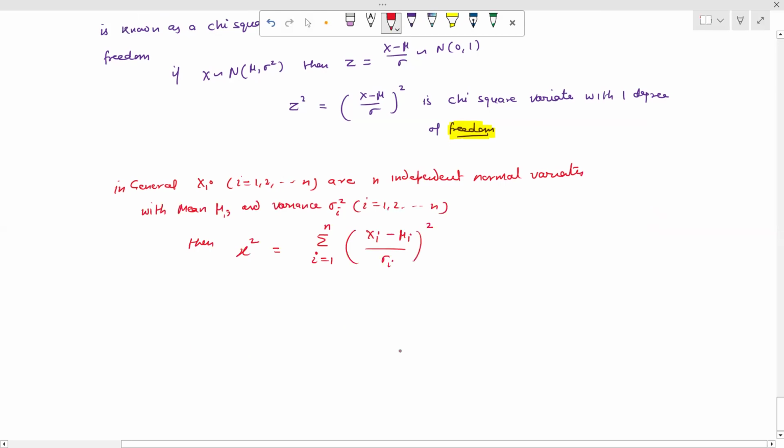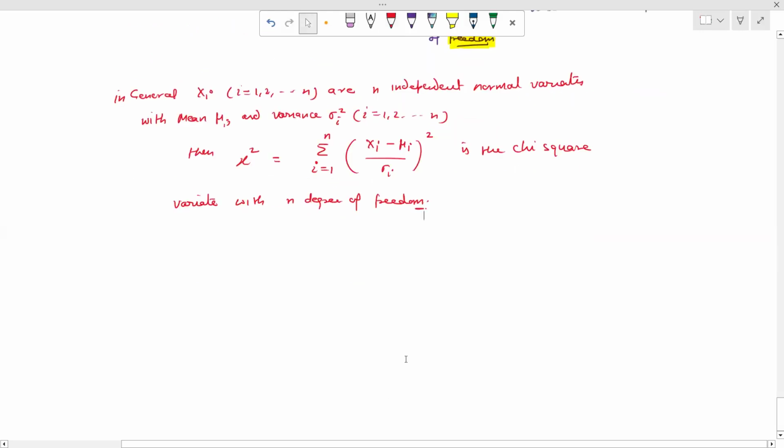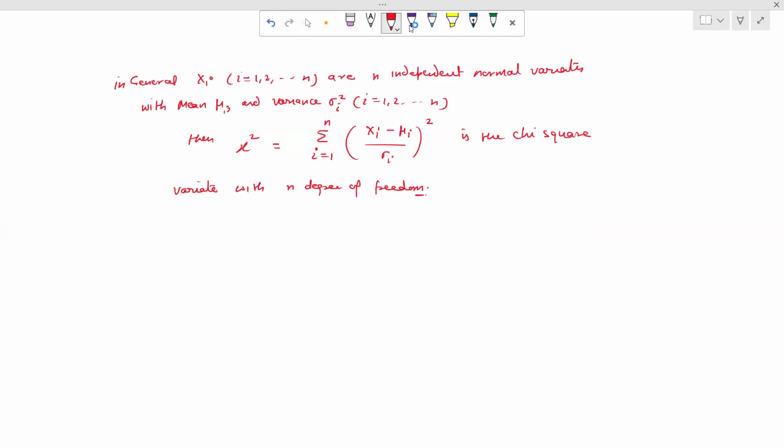So this is the chi-square variate with n degrees of freedom. Now, this is the basic concept of chi-square.